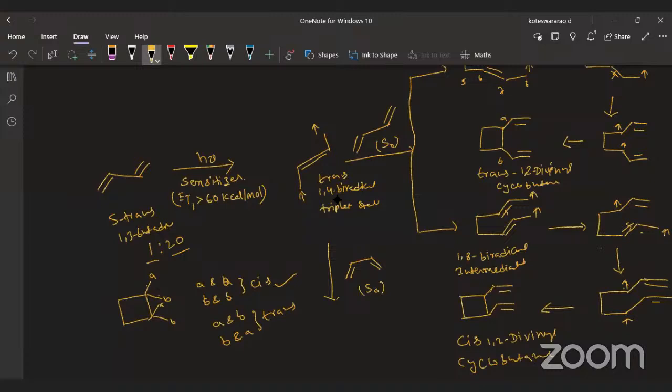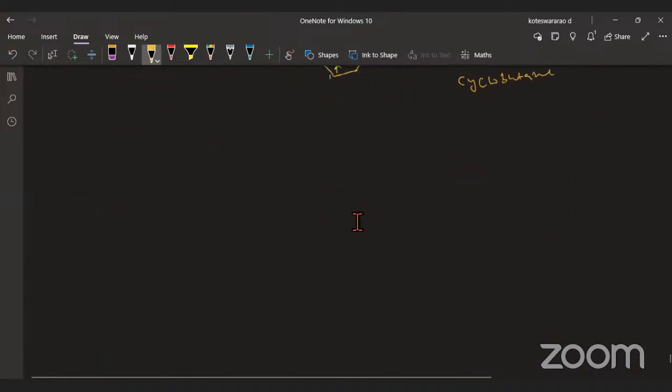It will give the intermediate transition state, which becomes again a 1,8-biradical. That 1,8-biradical will be like this. How it is generated, I will show you here below.